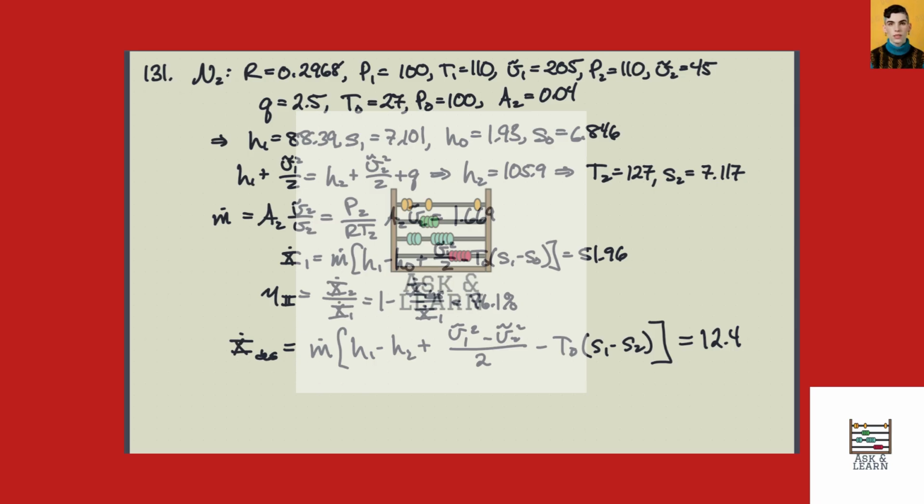So now let's go back to the second law efficiency. For this diffuser anyway, we're going to say it's the rate of exergy flowing out divided by the rate of exergy flowing in. Again, this is not necessarily a great definition.